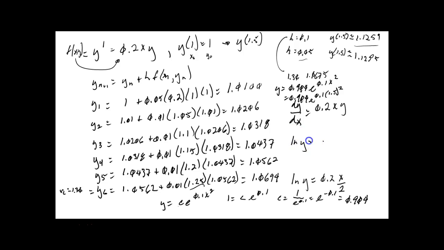Log y is equal to 0.1 x squared plus c. If you plug in 1, 1 here, you get 0 is equal to 0.1 plus c. So c was equal to negative 0.1.